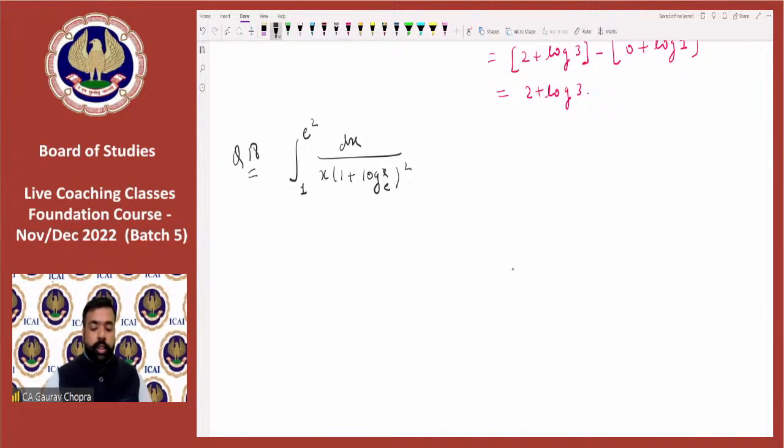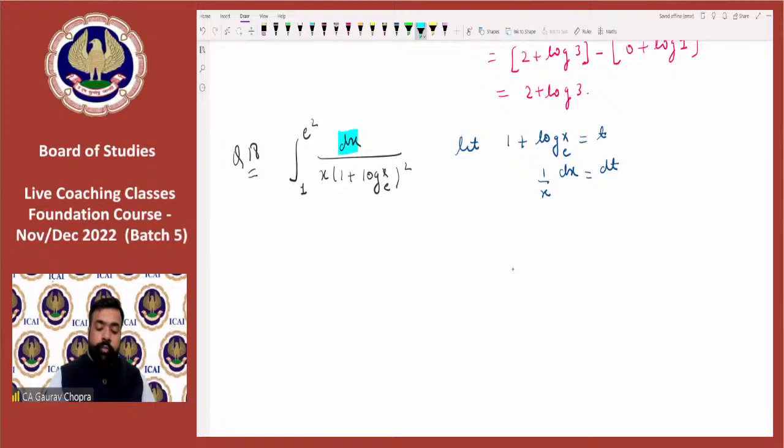How to solve this? So the first step is to use the substitution method. So let 1 plus log x be equal to t. So 1 upon x dx is equal to dt.